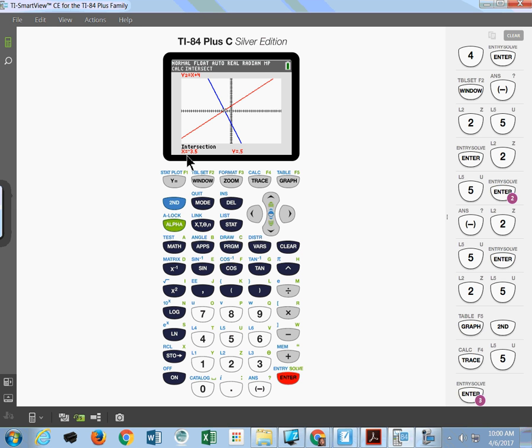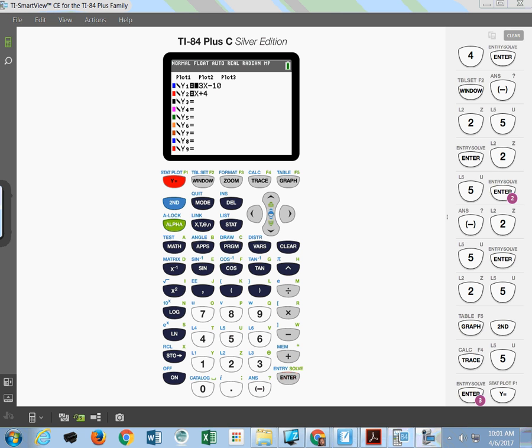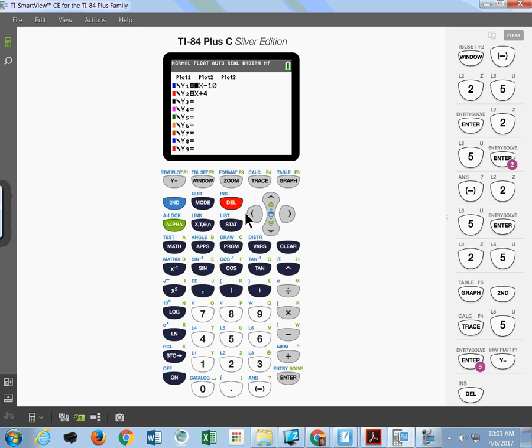So what you're going to do is write down that's the wrong answer. So what I did is I put negative 3x instead of positive 3x. So that needs to be positive 3x minus 10 and x plus 4. Then graph.